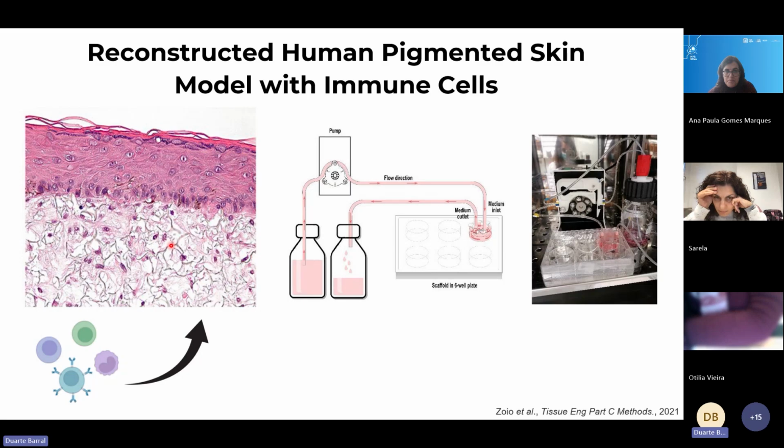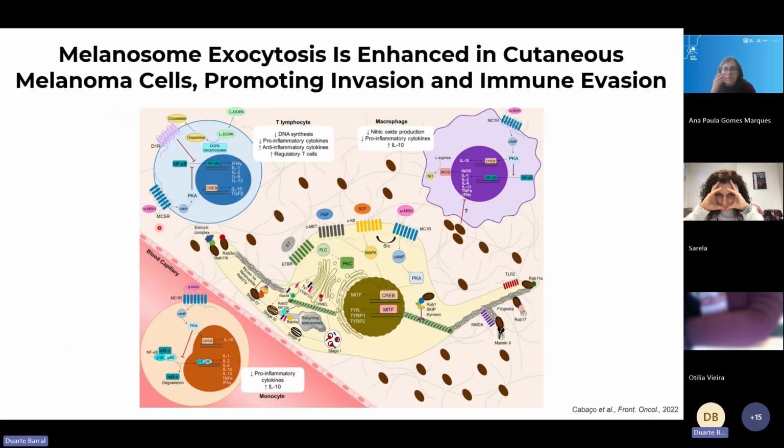We also have this perfusion model that mimics the blood flow, in which we can put the immune cells, and the immune cells can circulate through the structure, through the inserts and the well where the skin is. And this will be used to ask this question.